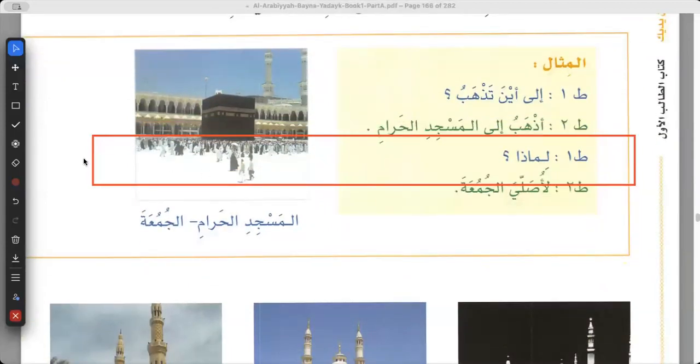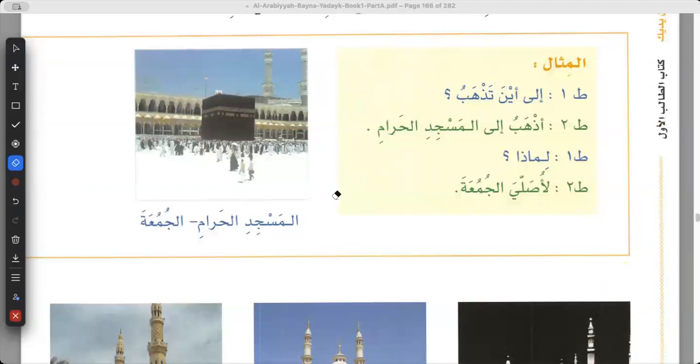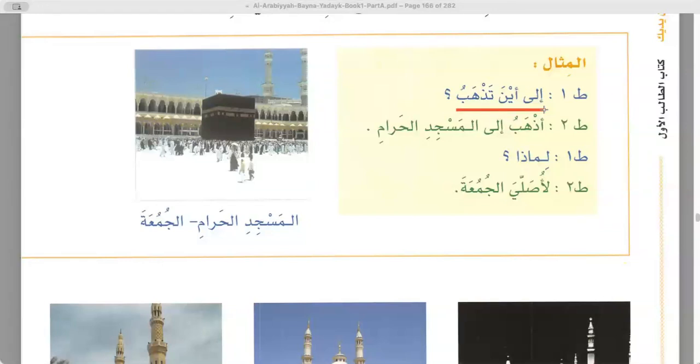If you look at the picture, you have Al-Masjid al-Haram al-Jum'ah. إلى أين تذهب؟ That's the question. أذهب إلى المسجد الحرام. Masjid al-Haram is taking kasra there because of ila.